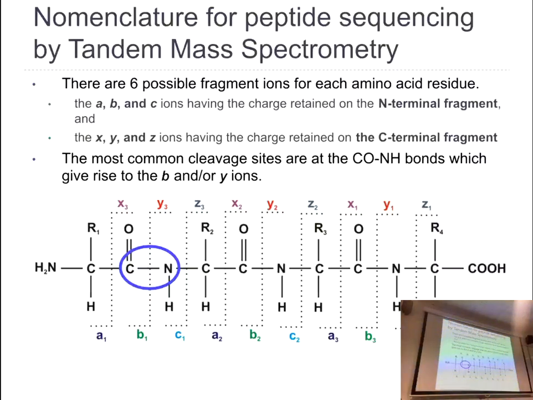Good. Now, the challenging bit is that all these things are happening at the same time in the mass spec. So what you do is you get fragmentation across all bonds most of the time, and sometimes you get B and sometimes you get the Y ion, right? So when you get a spectrum, it's not nicely colored like this, you just get peaks. And you don't know whether they're B or Y ions. If you knew that they were B or Y ions, it's very easy.